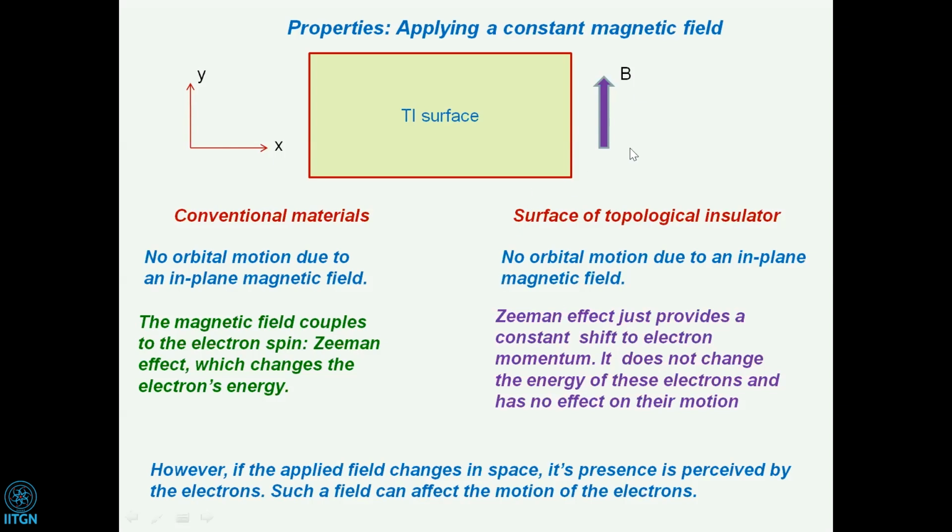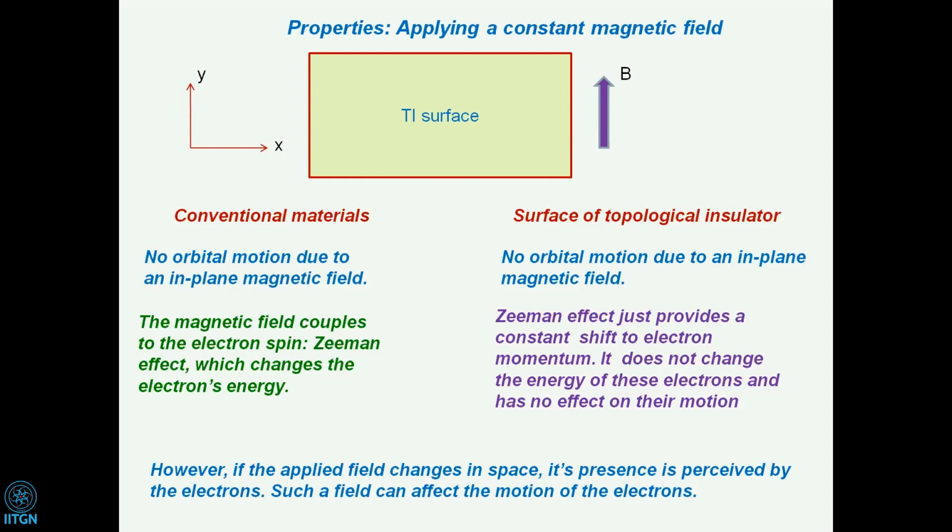Now, once you apply the magnetic field, you cannot say that the direction of the magnetic field is the direction of your spin quantization axis anymore. You have already chosen that direction because of this spin orbit coupling, and therefore the effect of the magnetic field is completely different. So it's a fundamental consequence of having a strong spin orbit coupling term.